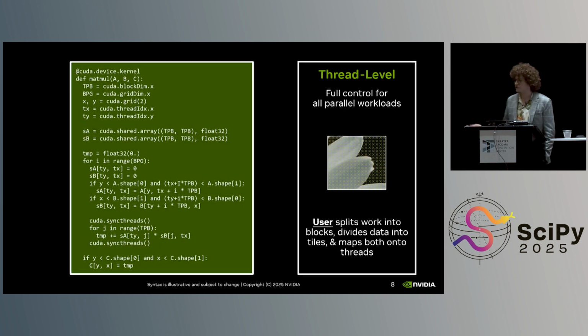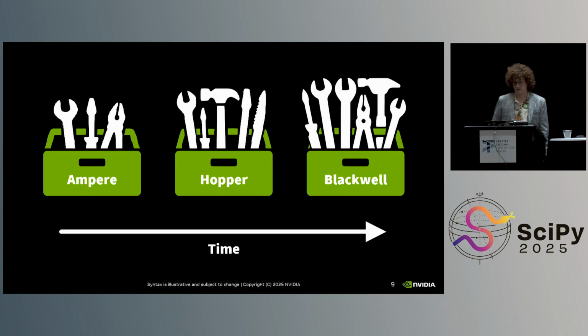Today, when you write a GPU kernel, you're programming at the thread level. You explicitly write code that every thread will run on the GPU. So you decide how to split the compute work into blocks, how to divide the data into tiles, and how those blocks and tiles get mapped to threads. Writing CUDA kernels gives you complete control, allowing you to program and tune every aspect of the GPU.